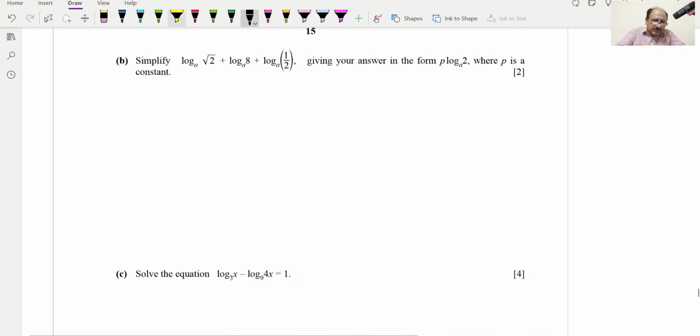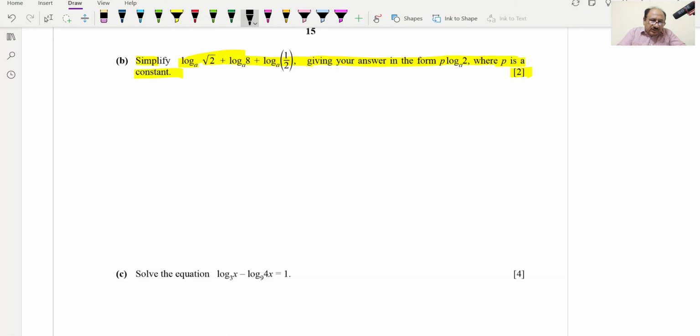The B part says simplify this whole expression, giving your answer in the form p log base a of 2, where p is a constant. So this is a 2 mark question.